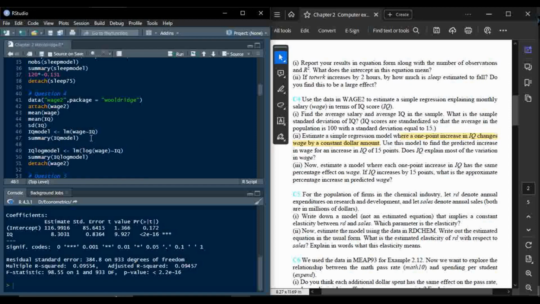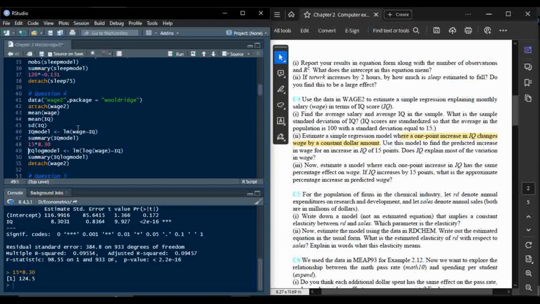Let's calculate 15 times the slope coefficient, 8.30. Press Ctrl plus Enter. So a 15-point increase in IQ increases predicted monthly salary by $124. Okay, so in terms of 1980 dollars.